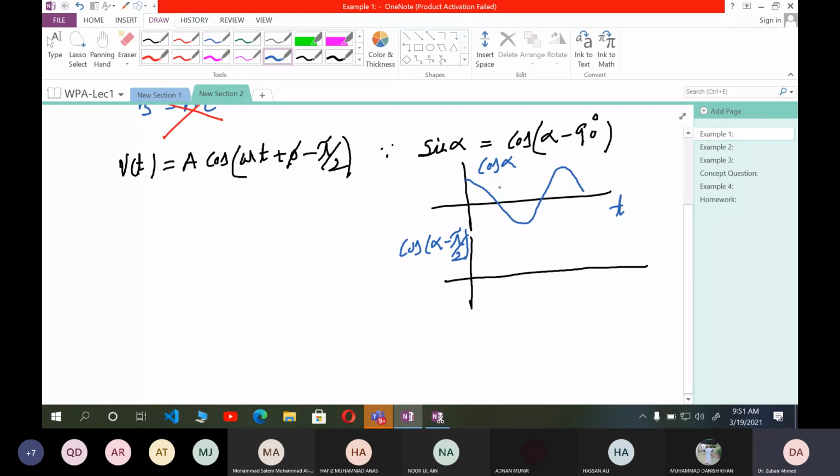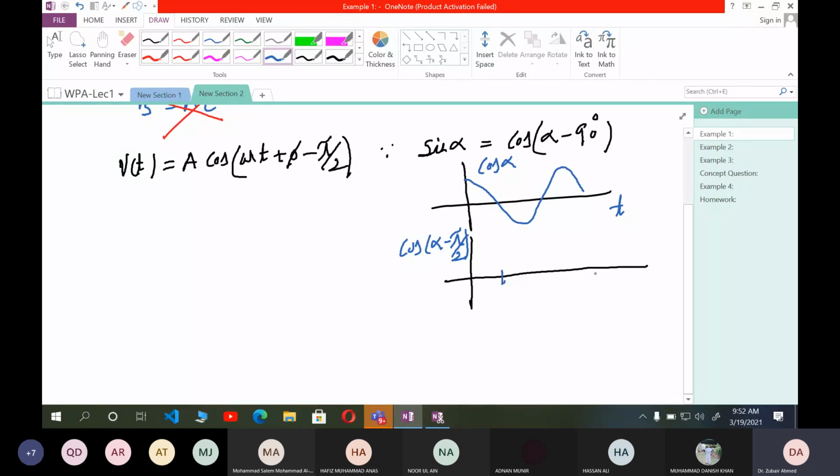Will this original graph shift left or right? It should be shifted to the right side, because if we make the function argument zero, that is alpha minus pi by 2 equal to 0, it occurs at alpha equal to plus pi by 2.